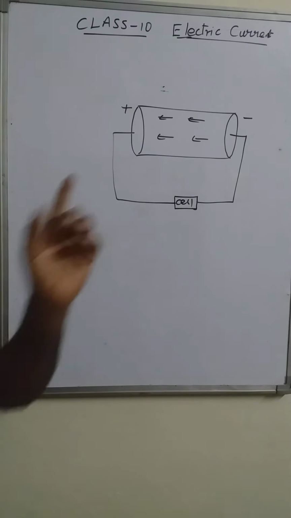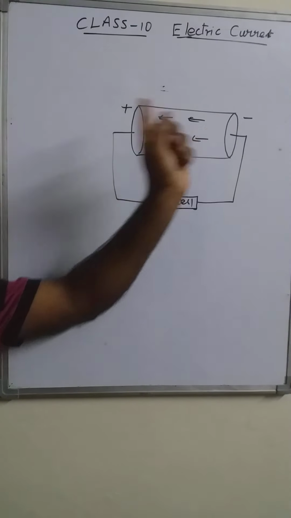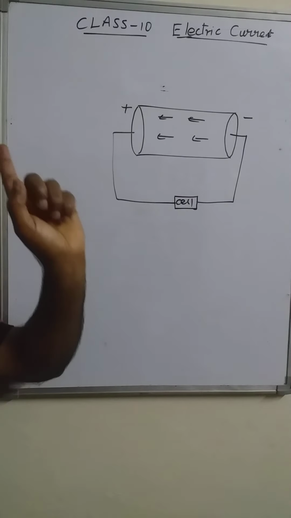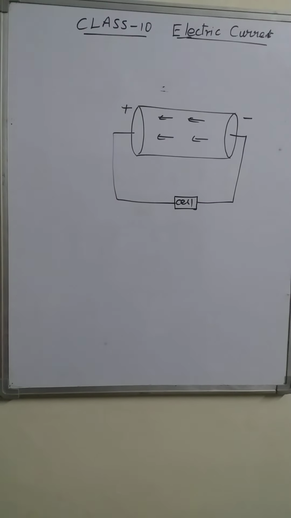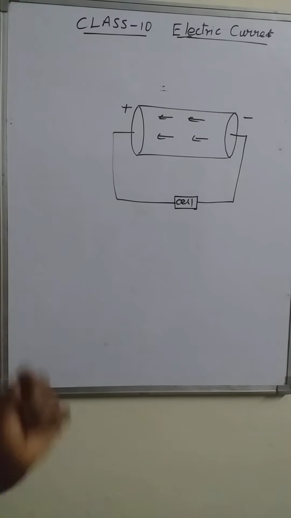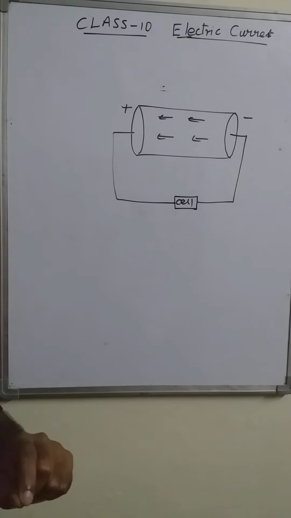Here the cell is doing the work by supplying energy. So the cell is the external agent. That external agent is pushing the electrons, moving the electrons from one point to another point. Already I told, to move the charge from lower to higher, the external agent has to do the work.